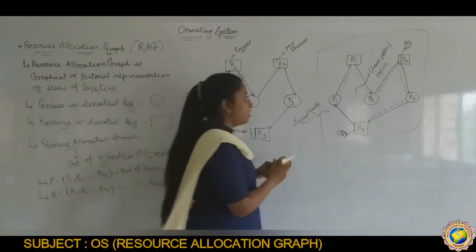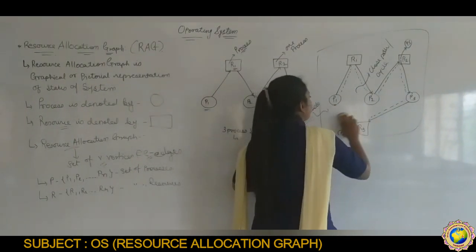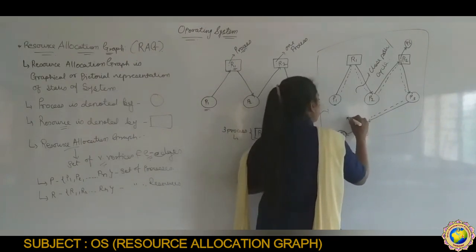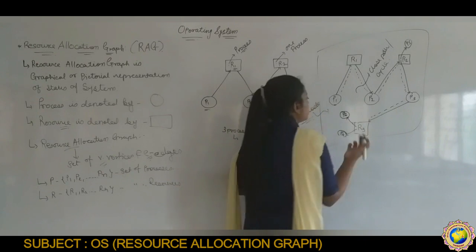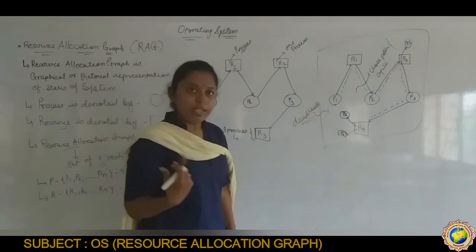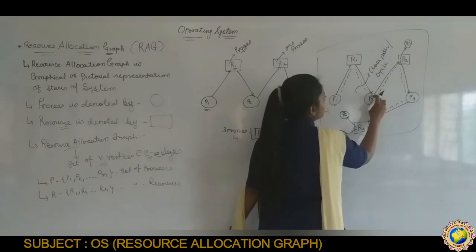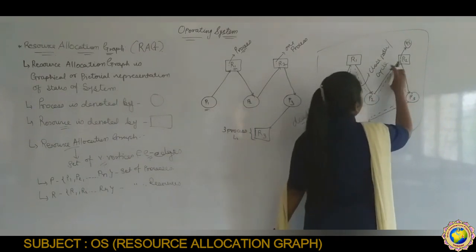Suppose this is not happening, and this is allocated to another process, P6. Let's see.